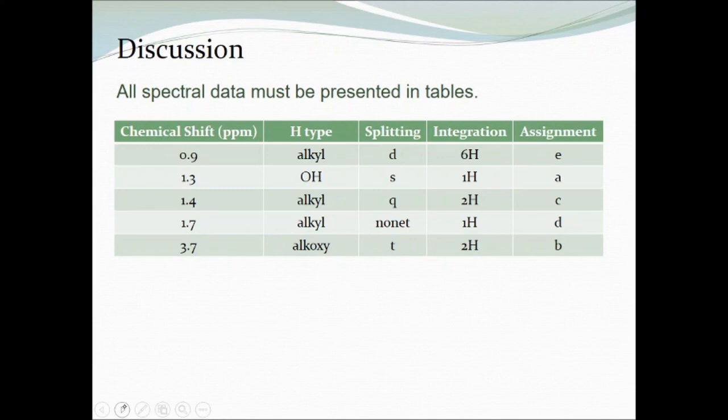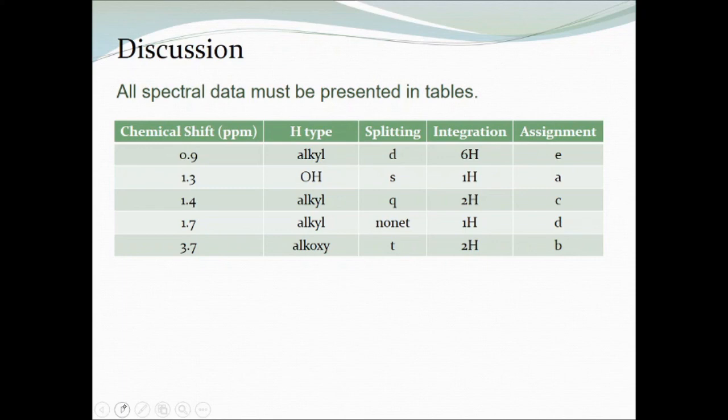So it's the hydrogen that's on the carbon attached to the oxygen of the alcohol. That's the alkoxy. Splitting, again, doublet, singlet, quartet, whatever, use the same abbreviations, spell out anything bigger than a quartet. And again, integration is the whole number values. And then the final column is the assignment.